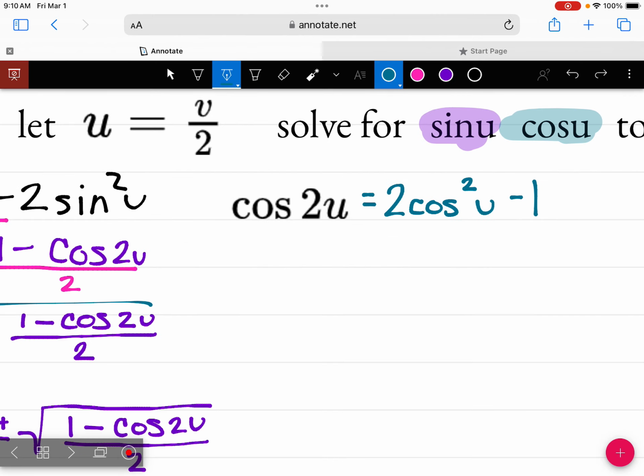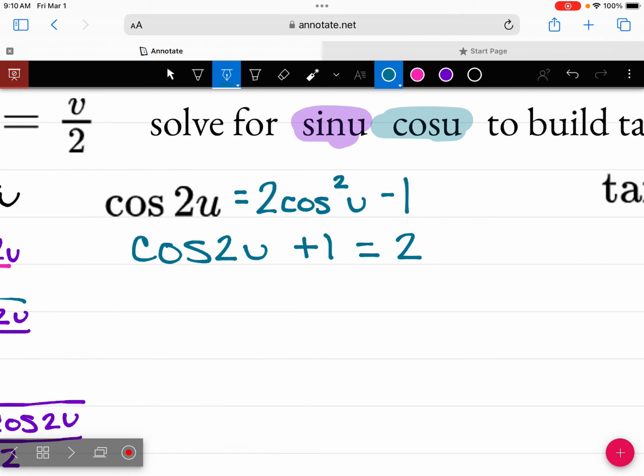So we're going to start with adding 1 to both sides. So we're going to have cosine of 2u plus 1 equals 2 cosine squared u.